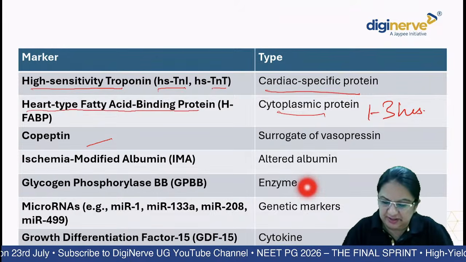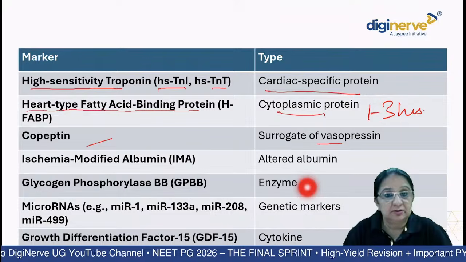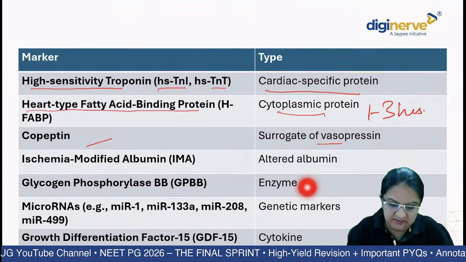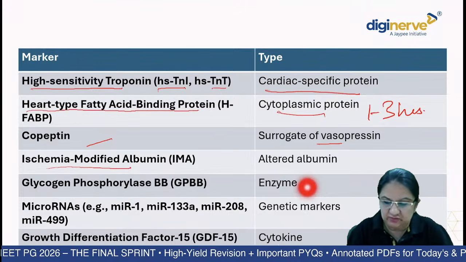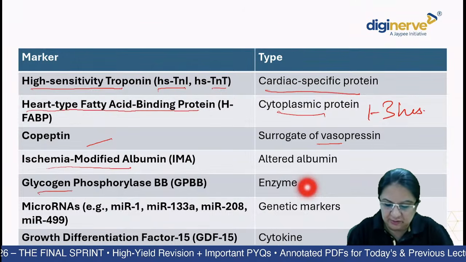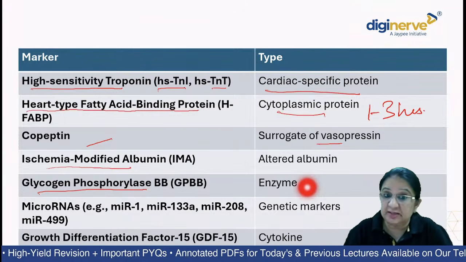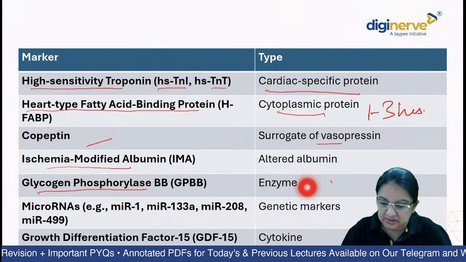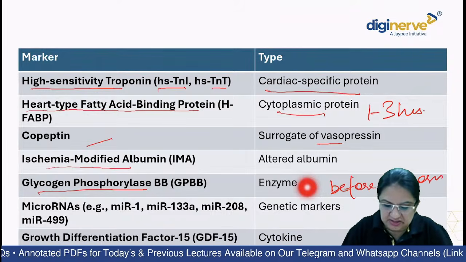Copeptin is a surrogate of vasopressin. It also rises rapidly. Then we have something called ischemia modified albumin. This is also for early detection. Glycogen phosphorylase BB increases in ischemia before necrosis occurs. So before necrosis, just when ischemia occurs, this rises.